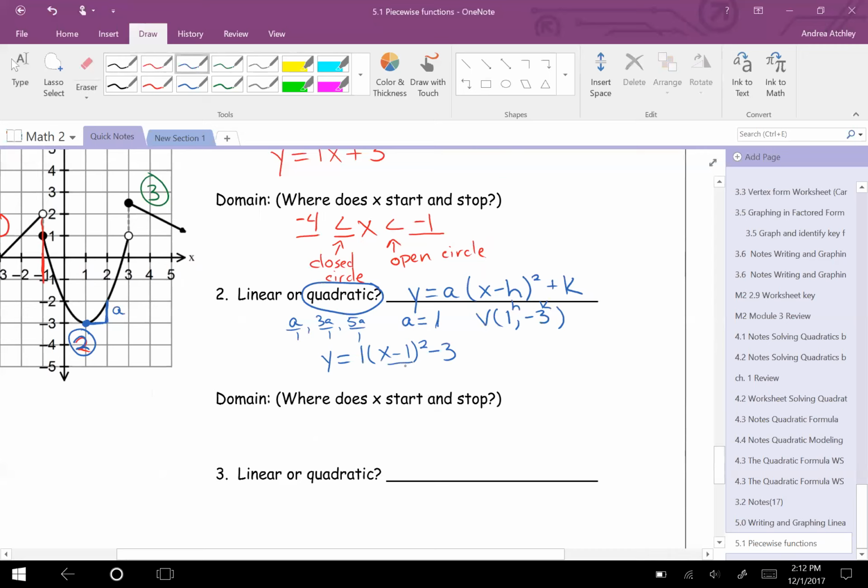And then the negative 1, in parentheses, we change the signs. So it was in the vertex a positive 1. When I plug it into the vertex form, it changes to a negative 1 inside those parentheses.